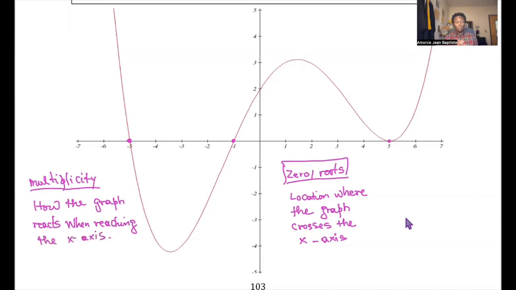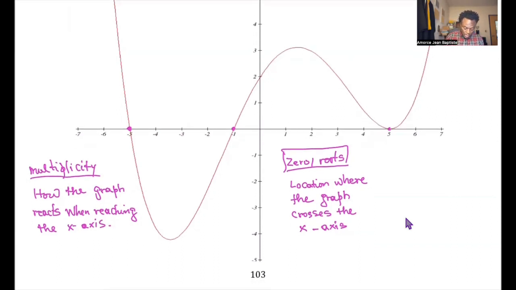So the how, whether it crosses it or touches it and turns. So roots, location, and multiplicity, how? Cross or touch and turn.